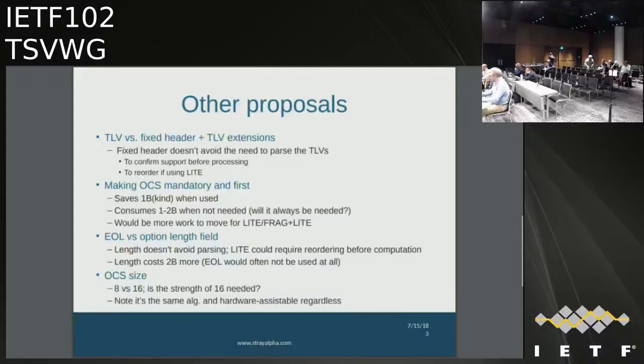The OCS size, the checksum of this option field itself: the question is whether it should be 8 bits or 16 bits. I understand that if it's 16 bits, there are fewer false positives and false negatives. It's exactly the same algorithm either way, except for about 2 opcodes at the end to fold the thing over and deal with the carry. It's the IP checksum, the internet checksum, and then you either stick it in there or you fold it over and stick it in there.